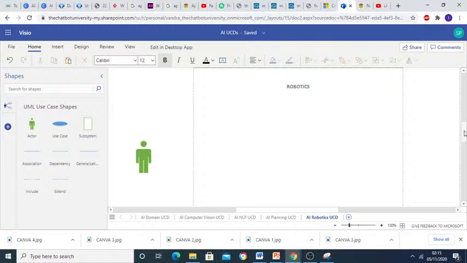Whatever it is, whoever it is, it's a robotic actor. So that person, we're going to call this person the robotic user.